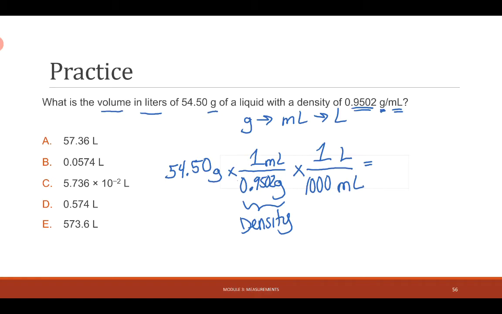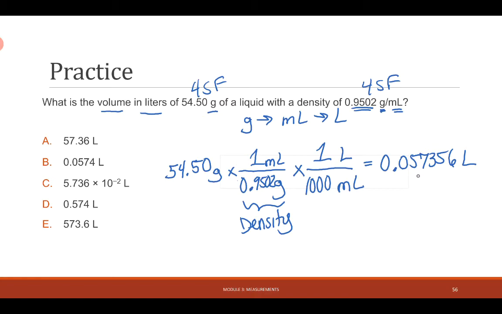And so 54.50 times 1 divided by 0.9502 divided by 1,000 is 0.057356 liters. And then this had 4 sig figs, and this has 4 sig figs.